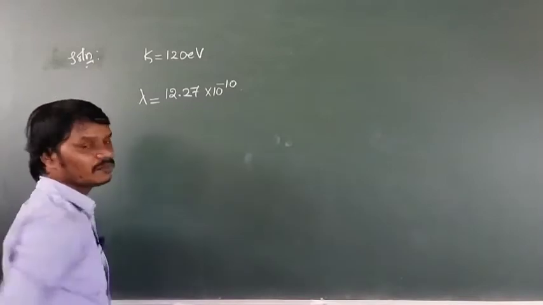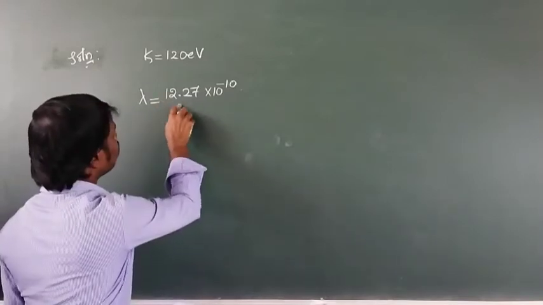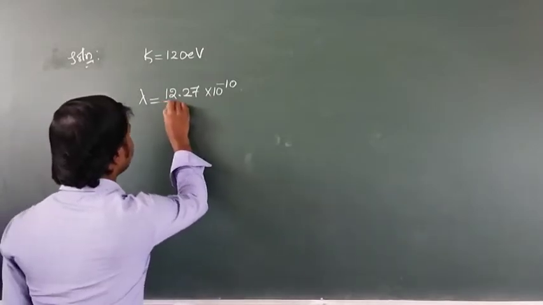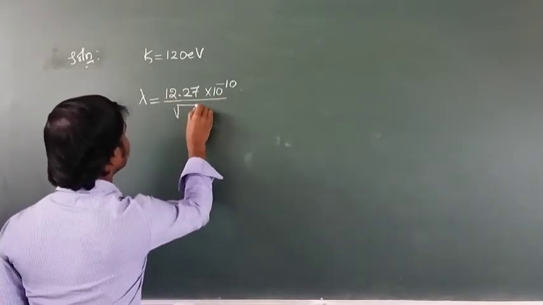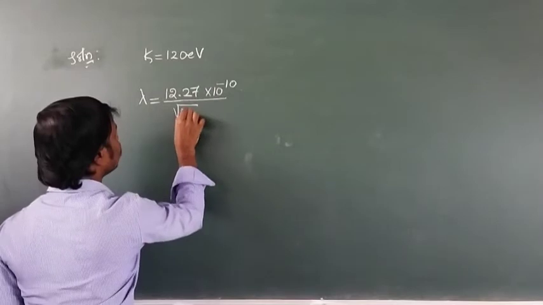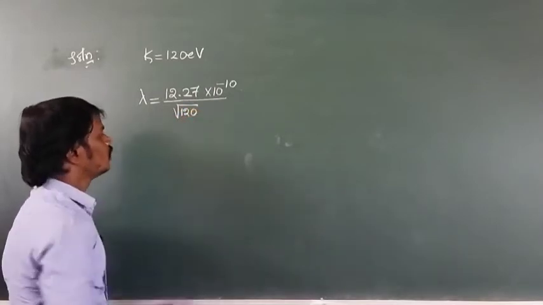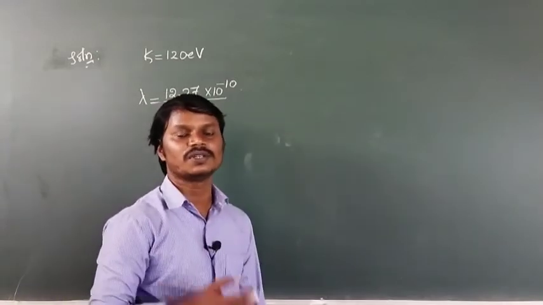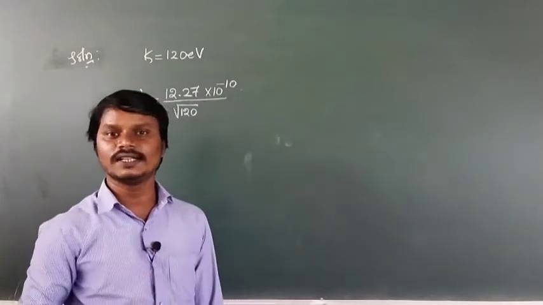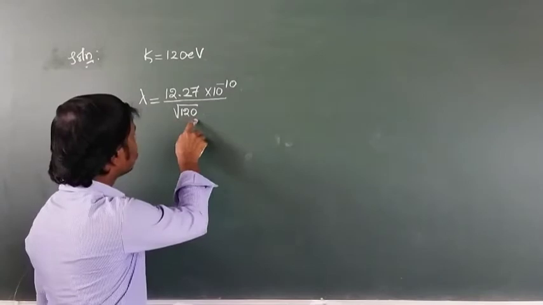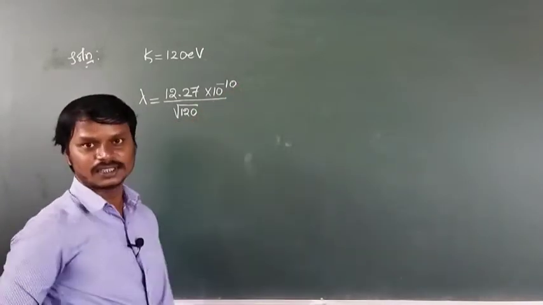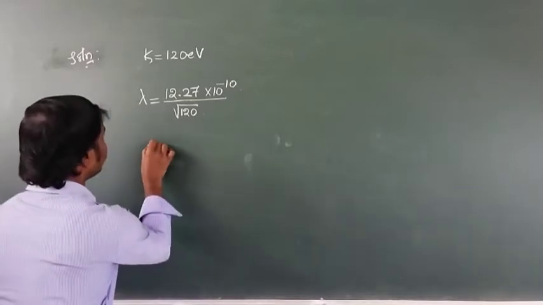If it is in terms of nanometer, then it is 1.227 divided by square root of k. So square root of k means square root of 120. Square root of 120 is near to the square root of 121. What is the square root of 121? That is 11. So square root of 120 is 10.9 something.